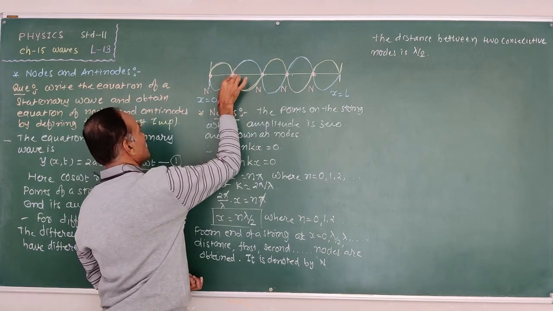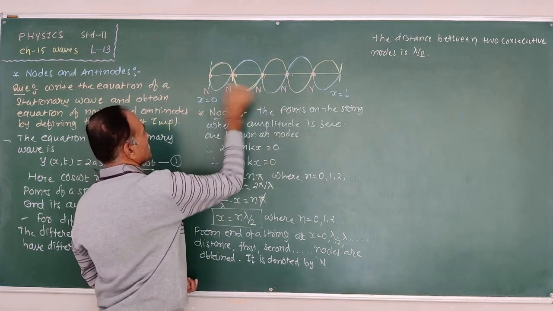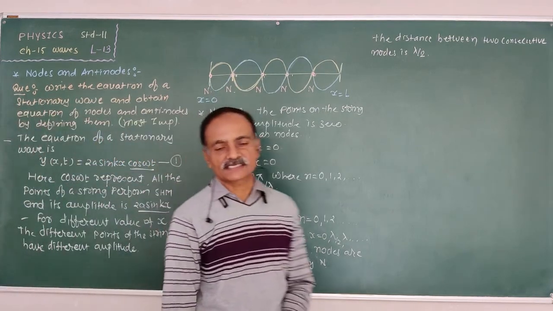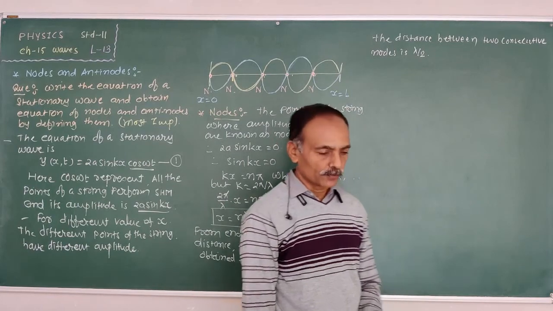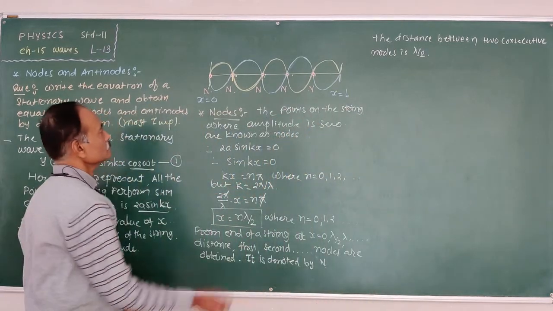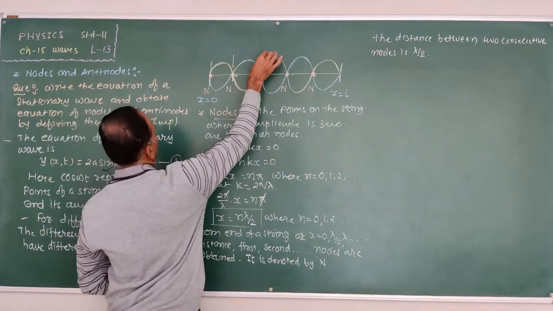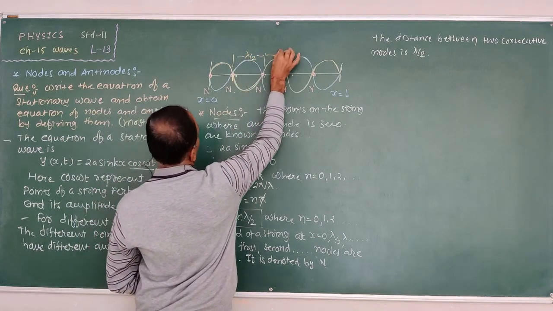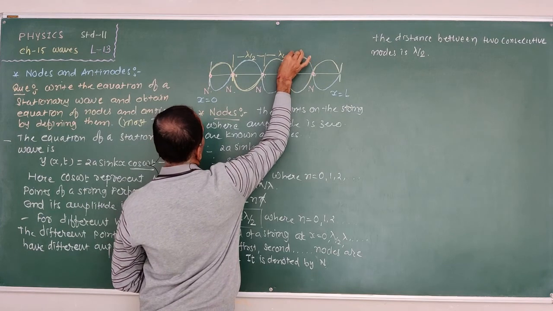Here we obtain the node points. Therefore, between two consecutive nodes, the distance is lambda by 2. That is lambda by 2, and that is also lambda by 2.